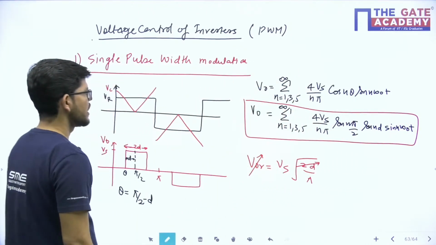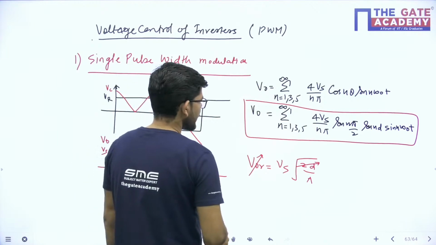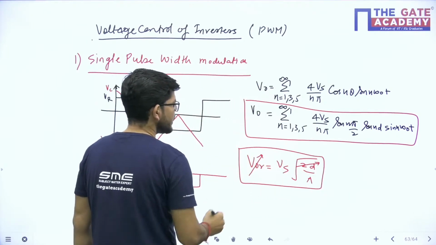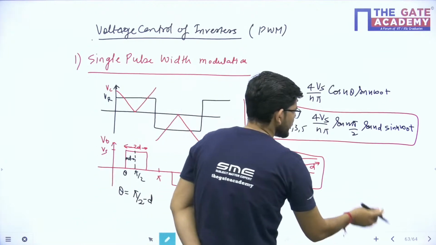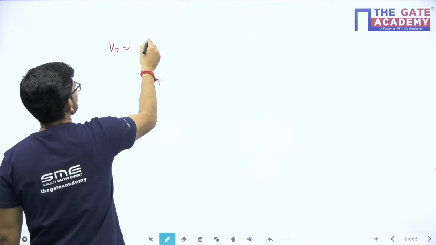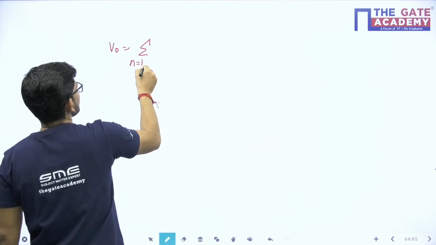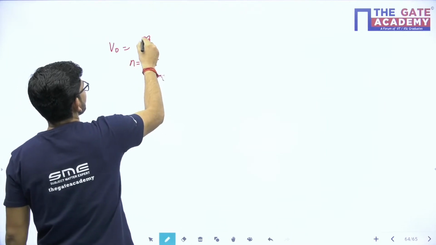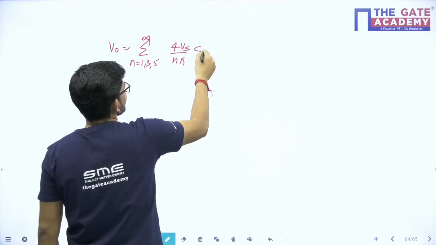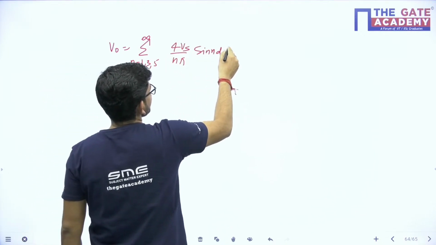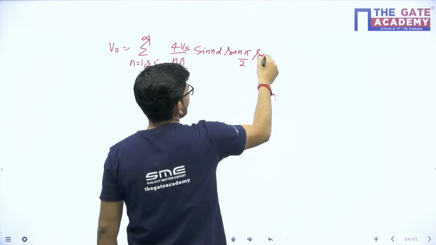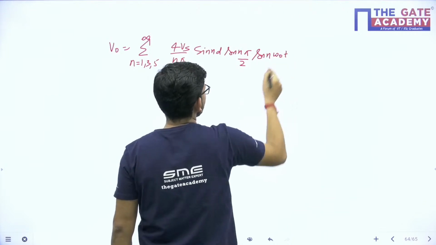Okay. Now from here you can see this is the output voltage expression. Let me write this again: V naught that I have obtained is the sum over n equals 1, 3, 5 to infinity of 4 Vs upon n pi sin nD sin n pi by 2 sin n omega naught t.